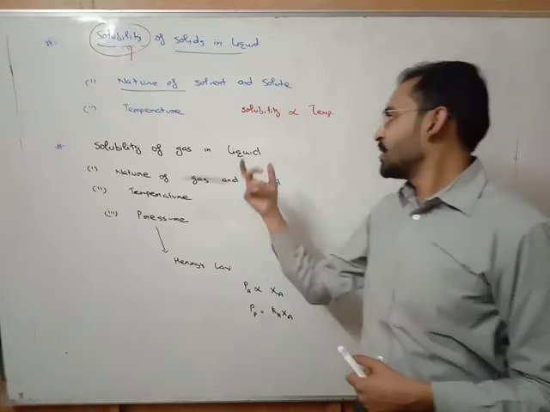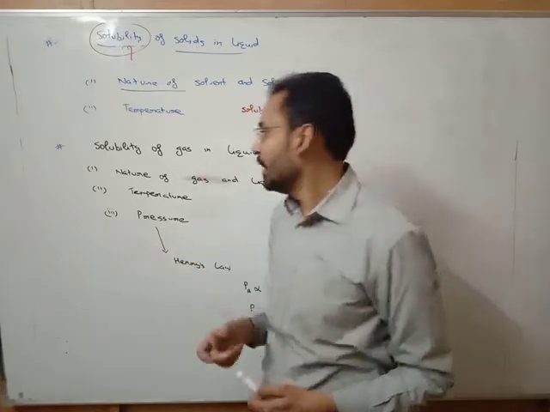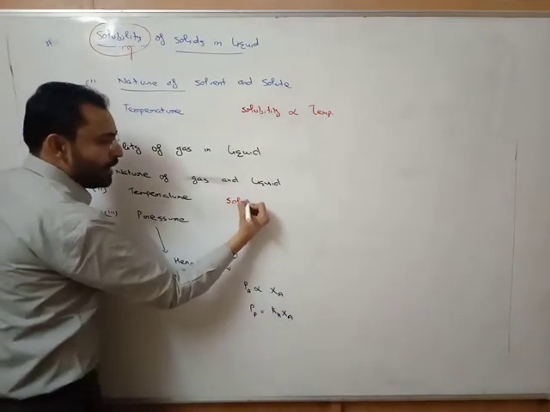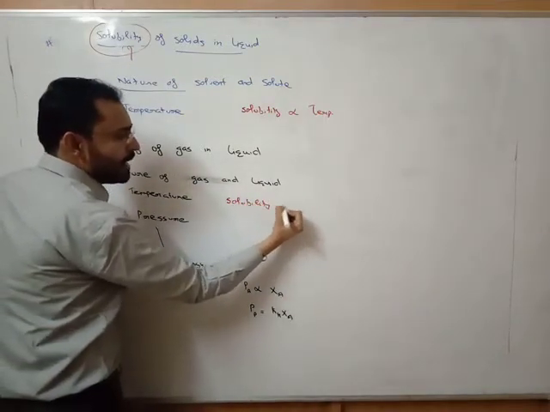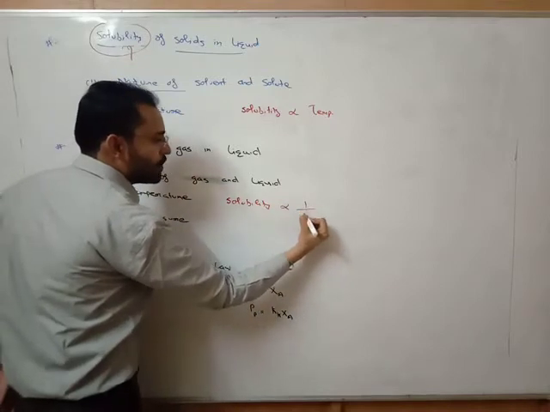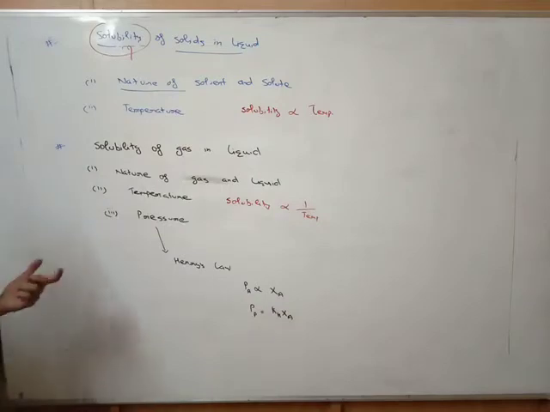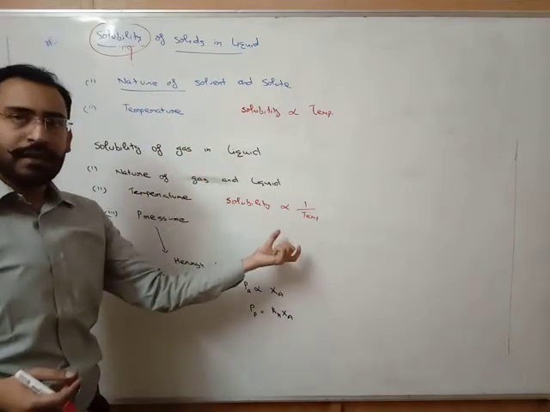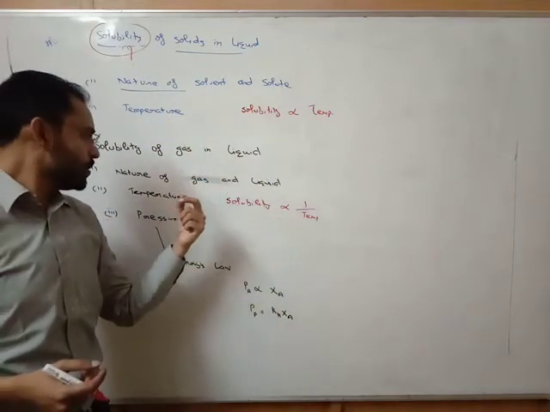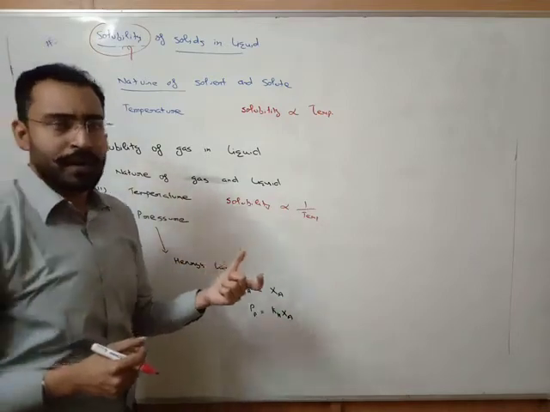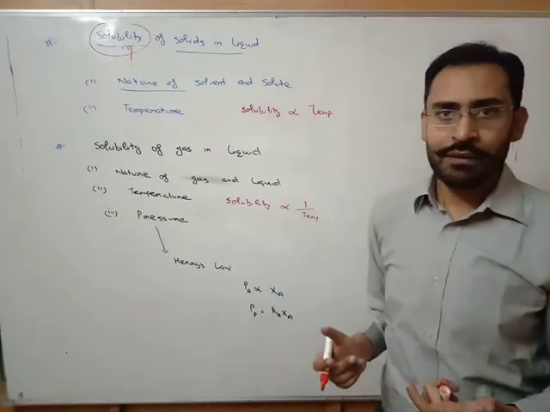Second factor on which solubility of gas in a liquid depends is temperature. Solubility in this case is inversely proportional to temperature. Same reason, as temperature increases, kinetic energy of dissolved gas molecules increases and gas particles tend to leave the solution.